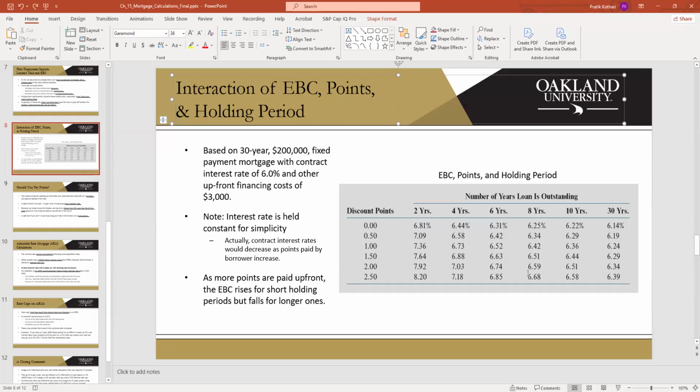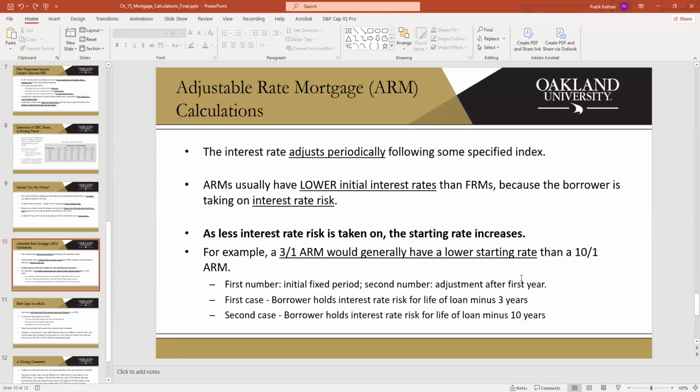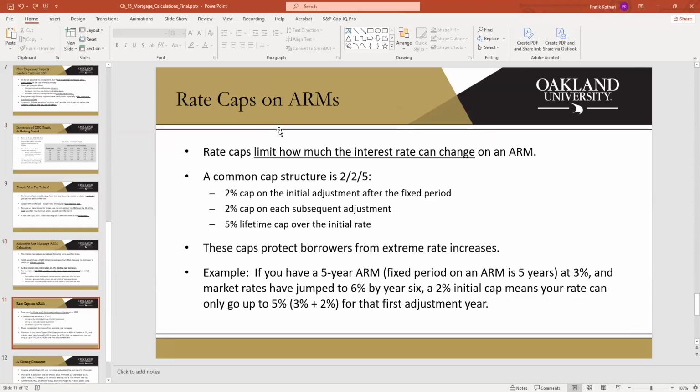All right, now let's talk about rate caps on ARMs. As we have discussed before, rate caps essentially limit how much the interest rates can change on an adjustable rate mortgage. A very common cap structure is 2-2-5 on an ARM.